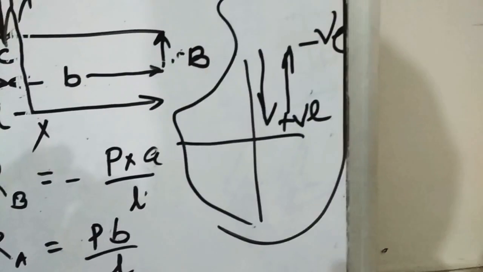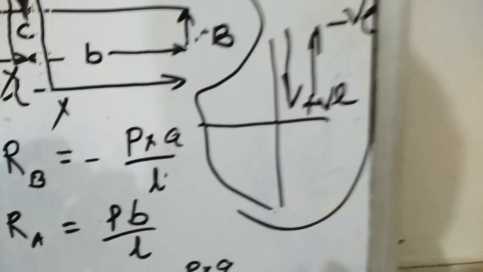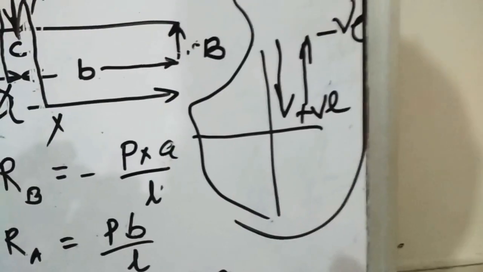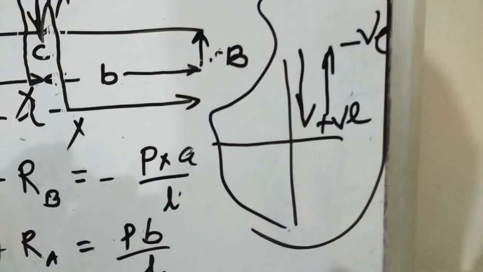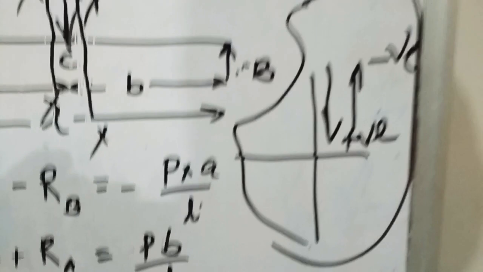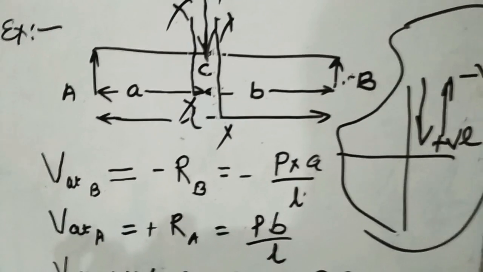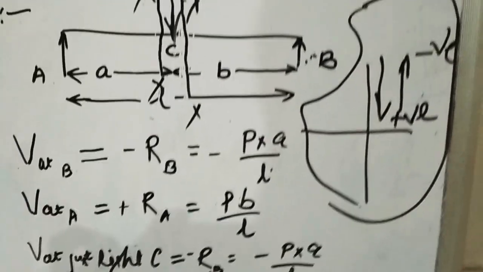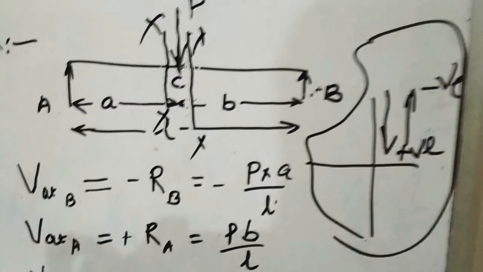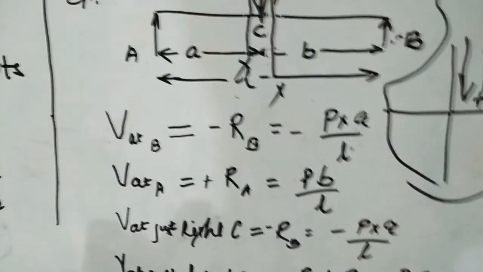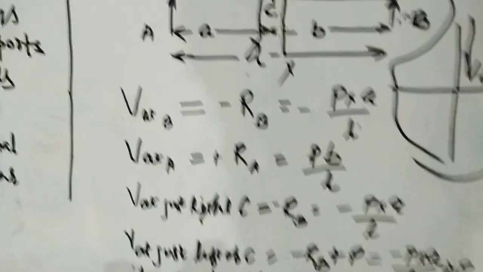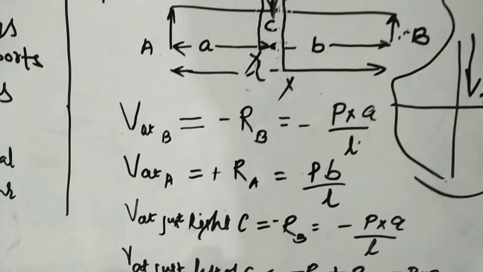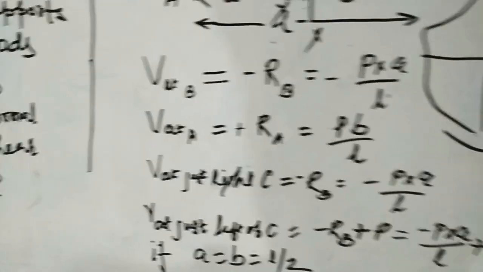You can assume any convention, that is downward is negative and upward is positive, whatever you want to assume, it's up to you. So in this example we have assumed that a force acting upward is negative and a force acting downward is positive, right? So this is the method to find out the shear forces at any section of a beam.